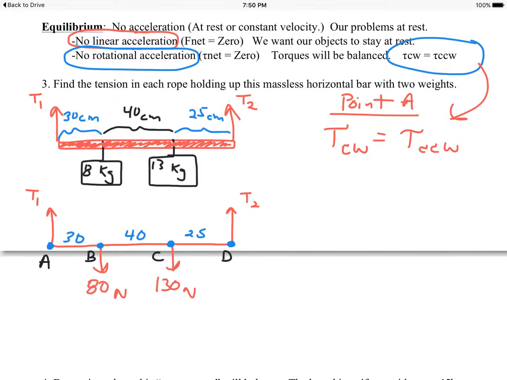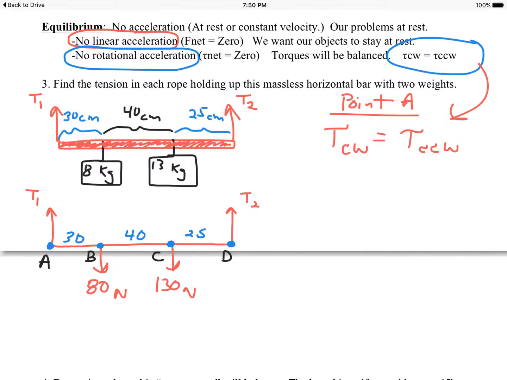For example here, if I take point A as my reference point, one way to think of this is it's a point that's kind of like the middle of the clock, where you have the hands of the clock, and I like to think of the bar here, my horizontal bar, as like the second hand on the clock. Or another way to think of it is this. If I were to cut rope T2, what would happen if rope T1 is still intact? What would happen to this horizontal bar?